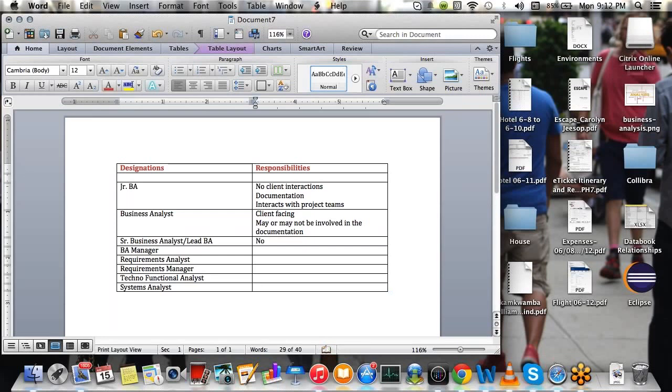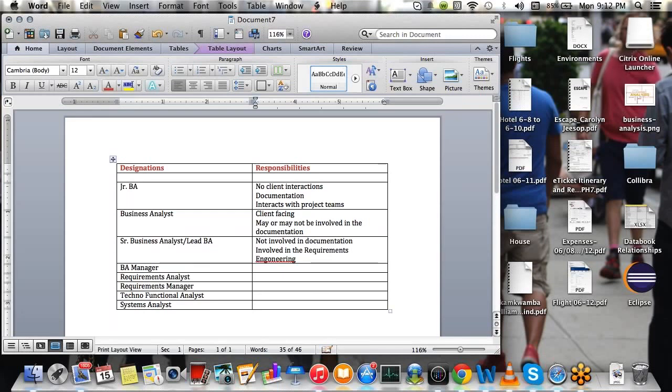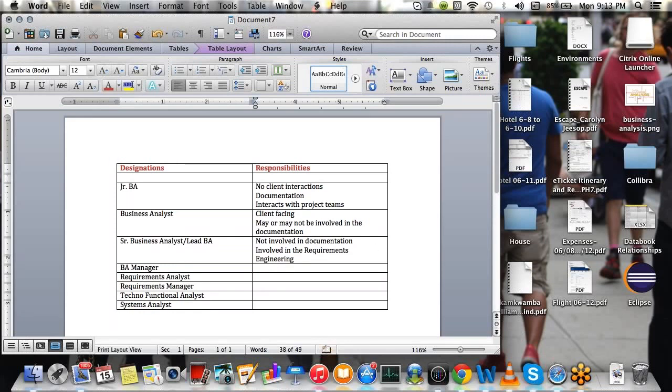Lead BAs are definitely not involved in documentation, which means they'll make sure their subordinates, whoever works for them, take care of the documentation part, and they are involved in the requirements engineering phase, only in the requirements engineering phase at times. So we will discuss in the future sessions what requirements engineering is.